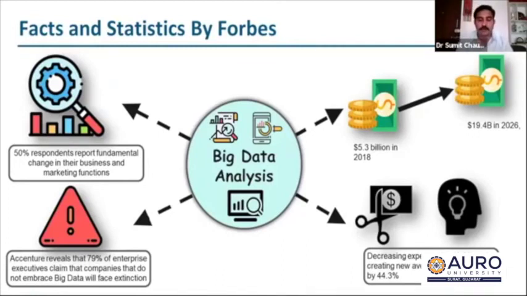Next, you can check: it is projected to grow from 5.3 billion in 2018 to 19.4 billion US dollars in 2026, right? So the aggregate growth you can consider is 54.9%. Next, you can consider Accenture reveals that 79% of enterprise executives claim that companies that do not embrace big data will face extinction, right?